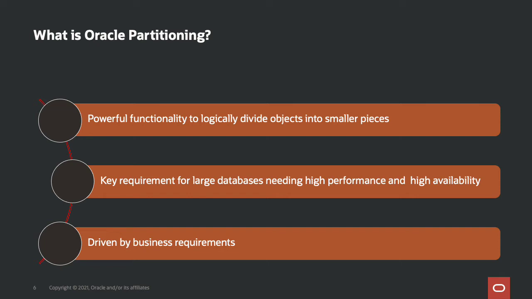So in a nutshell, on a high level, Oracle partitioning brings powerful functionality to you and your application to logically divide objects into smaller independent pieces. It is also a key requirement for especially large databases that need high performance and high availability by making one large logical object look very small for query processing and maintenance.